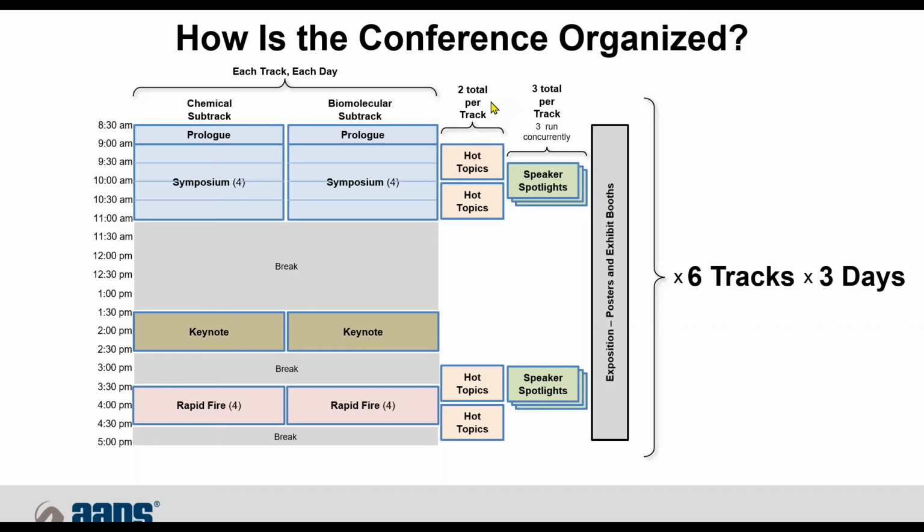So there's a total of 2 hot topics per track that take up any of 4 slots per day. Speaker spotlights run concurrently, 3 of them, where you have 3 per track randomized across the 3 days. And then at the same time, concurrently, you also have the exposition for posters and exhibitors in the booths.